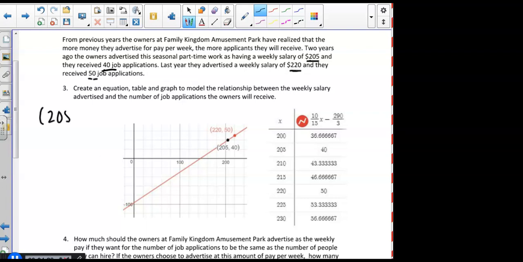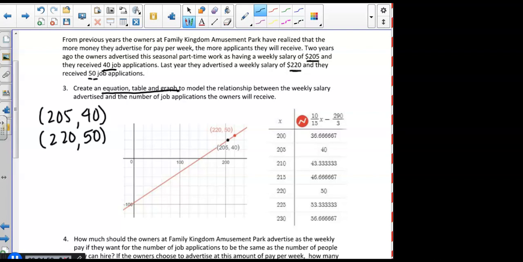So we see an association between the $205 and the 40 applicants, and the $220 per week and the 50 applicants. We are asked to create an equation, table, or graph to model the relationship between the weekly salary advertised and the number of job applicants.